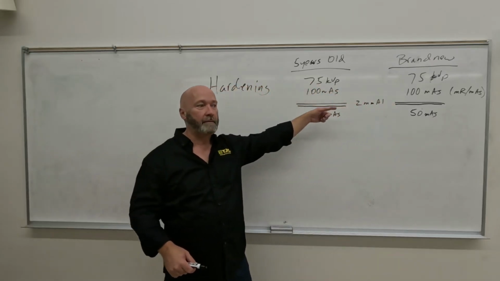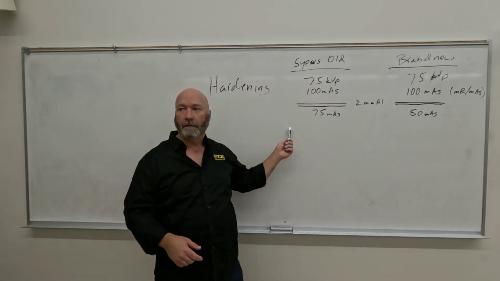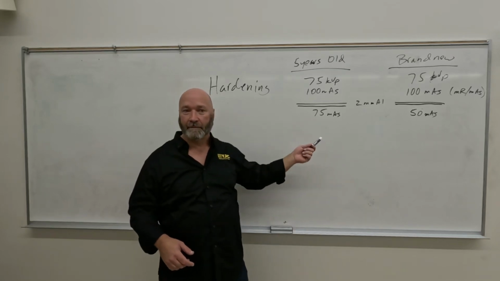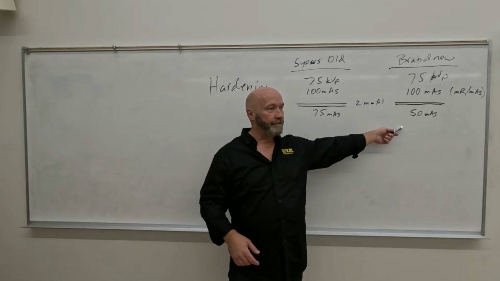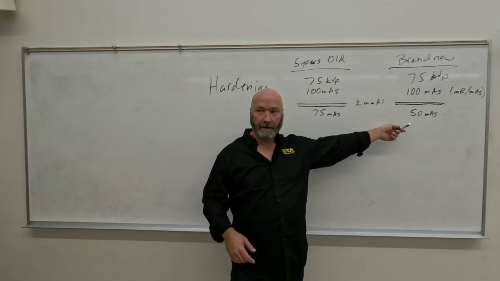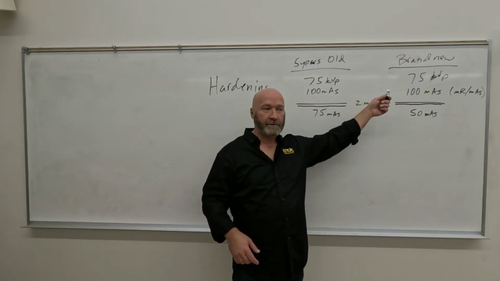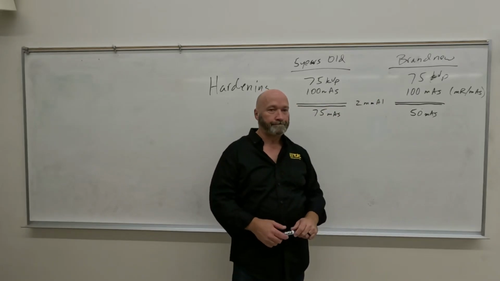Which one penetrated more? Over here, we've still got 75% of our x-ray beam, as opposed to this one, which is going to be lower quality, lower penetration. So is kVp the definitive measure of beam quality?